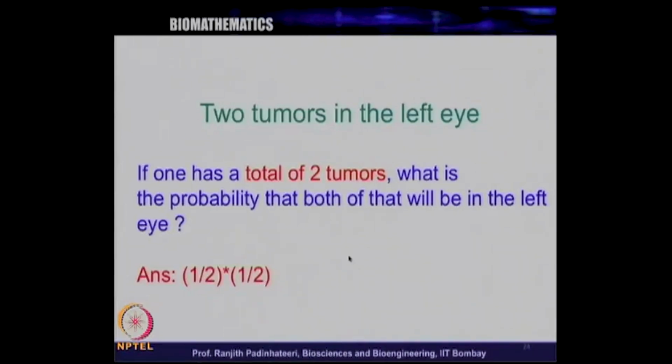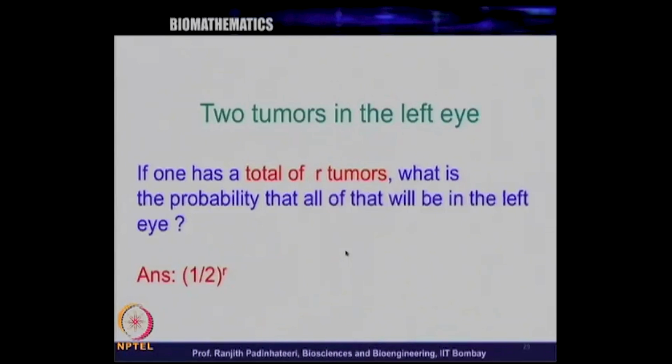Now, you can ask the question, if one has a total of R tumors, what is the probability that all of them will be in the left eye? That is half power R, because it is half into half into half, R times.